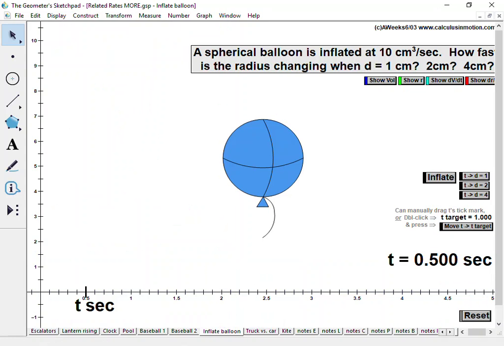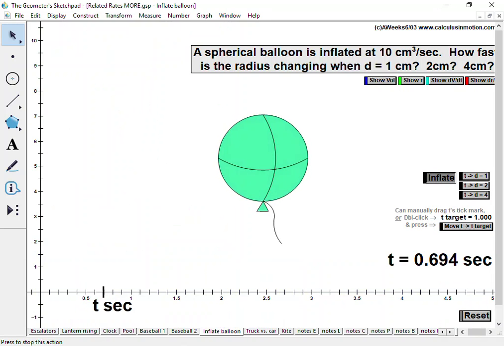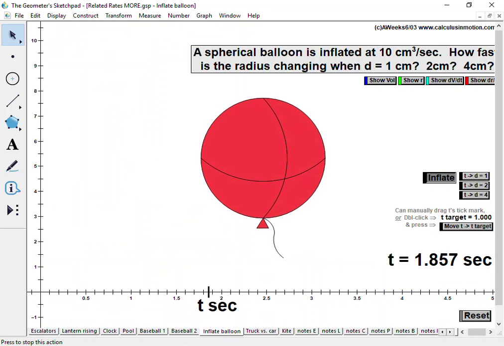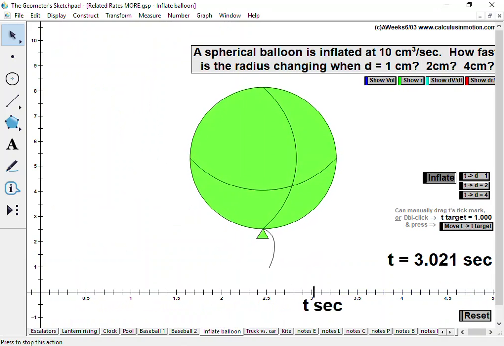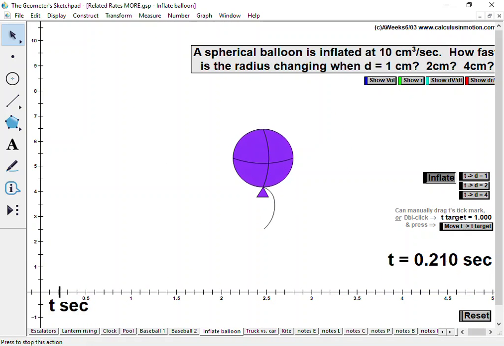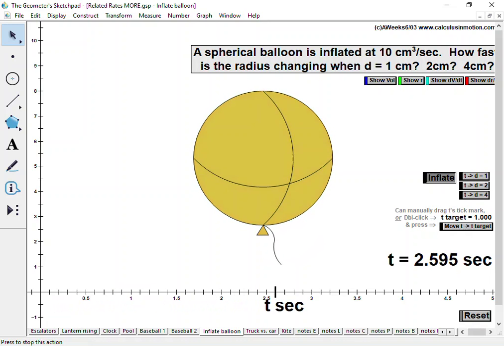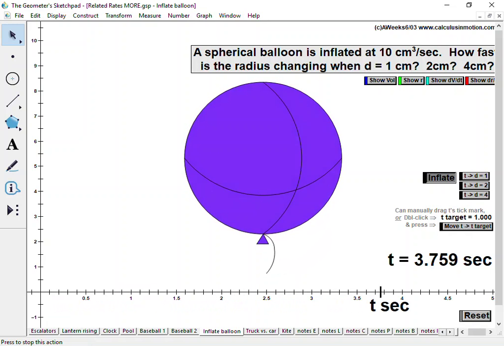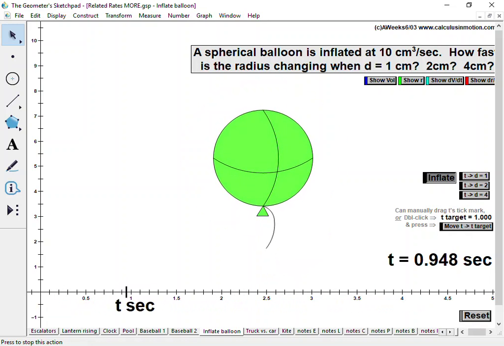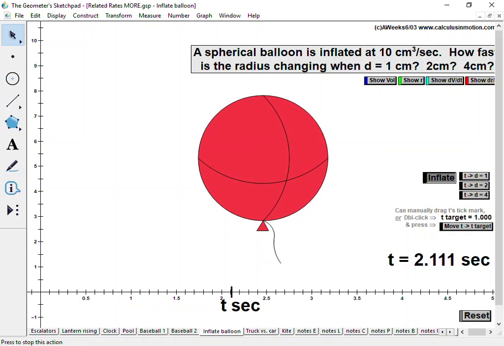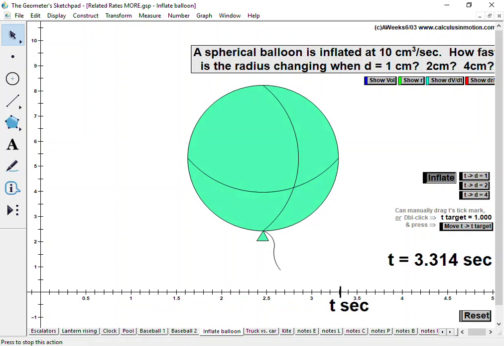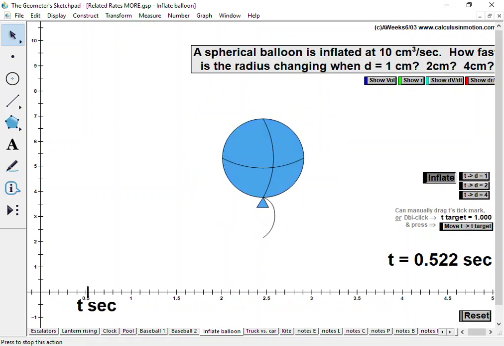It's a magic balloon. It changes colors. I don't think that's a real balloon. Don't we all? Glow in the dark. I love color changing things.